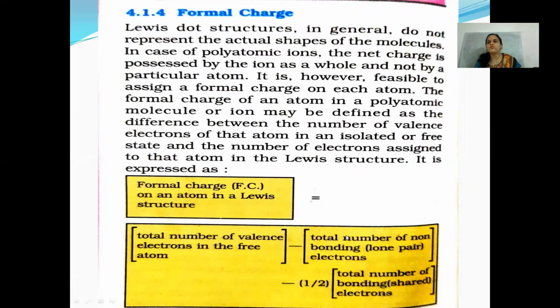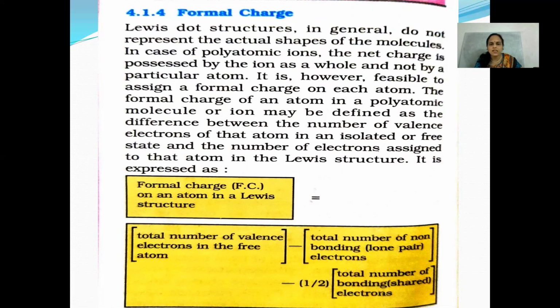Next we come to how to calculate the formal charge on the compounds which are given to you. To calculate the formal charge, firstly you should know the definition of formal charge. The formal charge of an atom in a molecule is defined as the difference between the number of valence electrons of that atom in an isolated or free state and the number of electrons assigned to that atom in the Lewis structure.